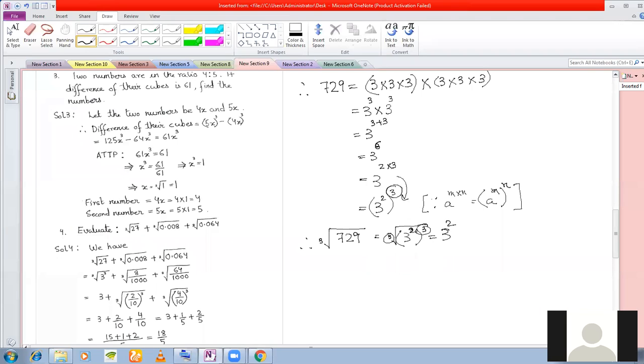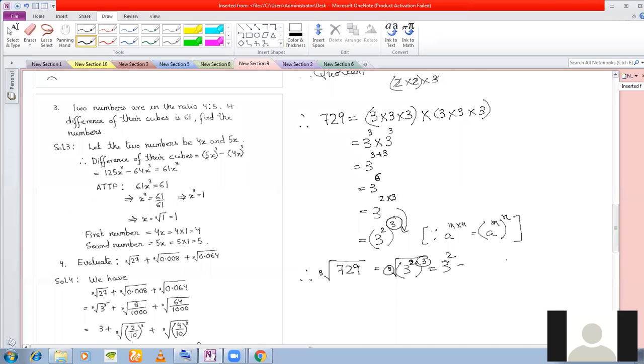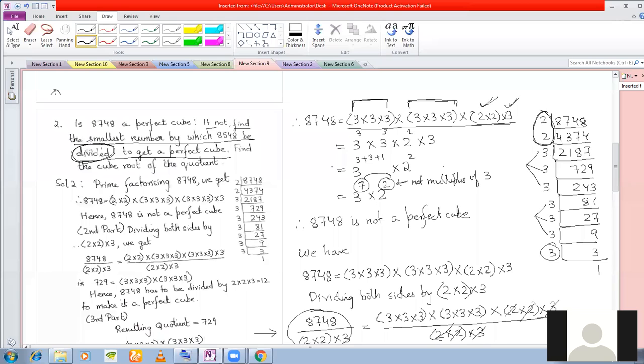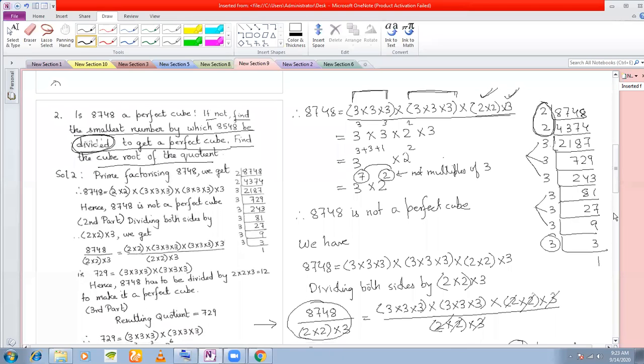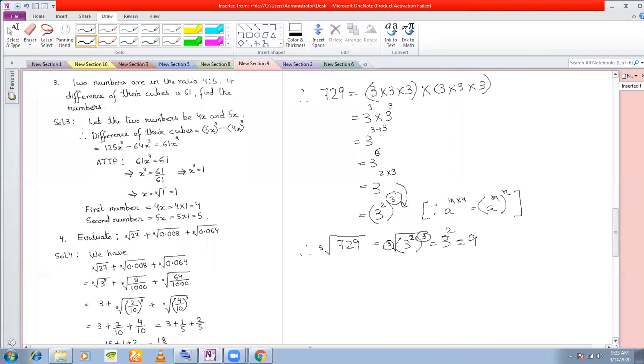So this simply becomes 3 square and this becomes 9. Okay. So that answers your third part of the question. The third part of the question was find the cube root of the quotient. The quotient was 729 and we have managed to find out the cube root of 729 as 9.